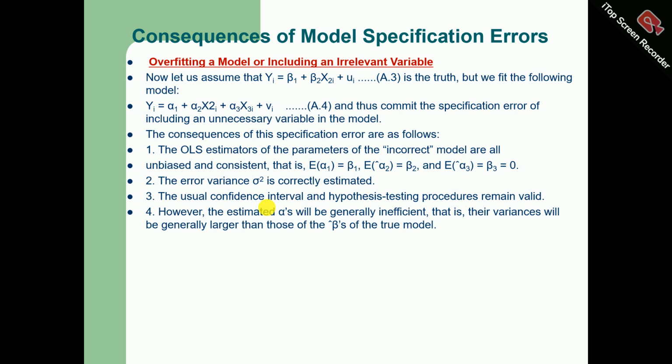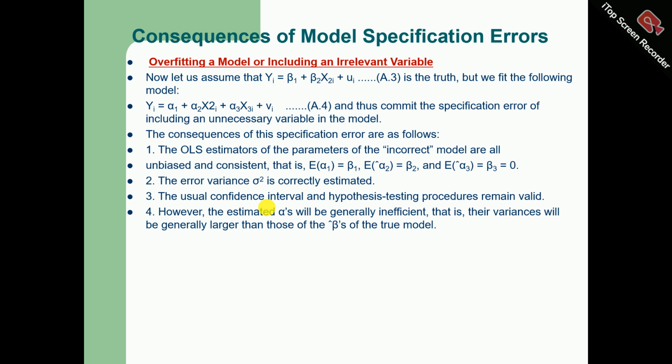So, even if the estimators are unbiased, the confidence intervals are okay and the error variance is correctly estimated, there is still a consequence of overfitting a model, and that is that the estimators are not efficient. Their variances are not minimum, so they are inefficient, and generally larger than those of the estimators of the true model, that is the A3.